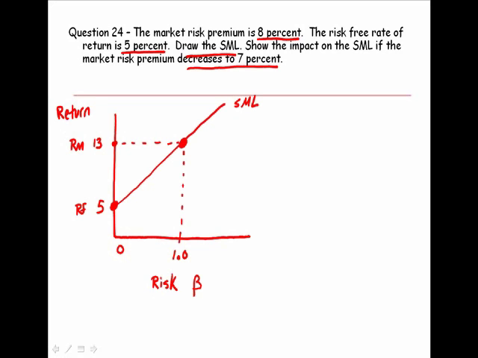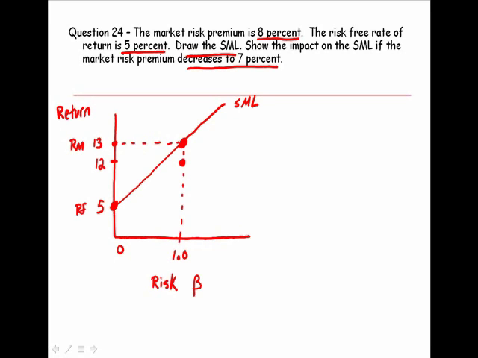Now the question says, show the impact on the SML if the market risk premium were to decrease to 7%. Well, what happens? What if investors no longer required 8% to invest in the market, but only required a 7% risk premium? Well, then the market rate of return would fall to 12, wouldn't it? We would have a new market rate of return of 12. And the market return, of course, would correspond to a beta of 1.